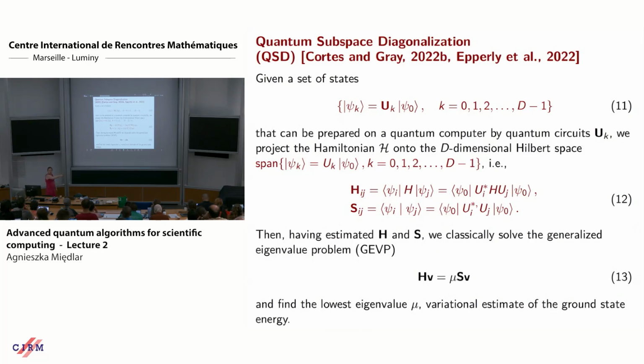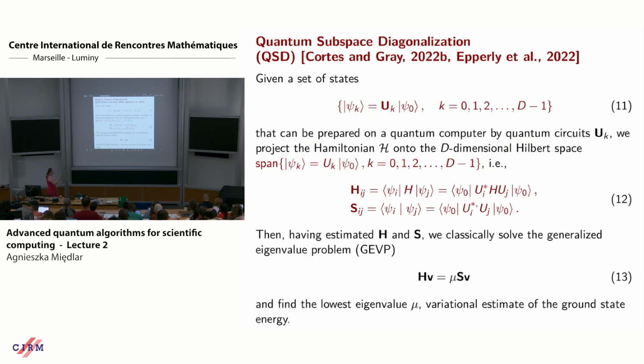So in terms of quantum, let's assume you are given a set of states, phi k. We need some way of preparing those states, so we will have quantum circuits which correspond, of course, to unitary operators, and we will have some initial state.